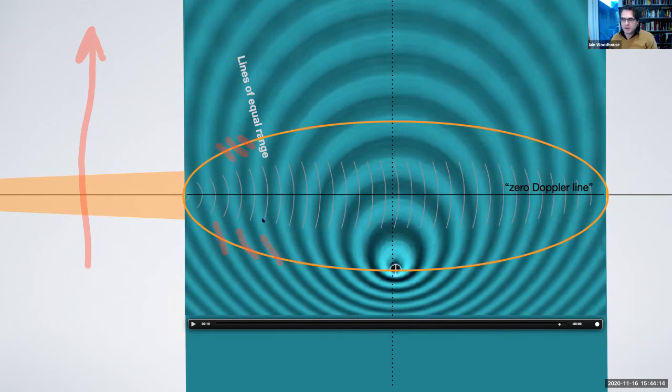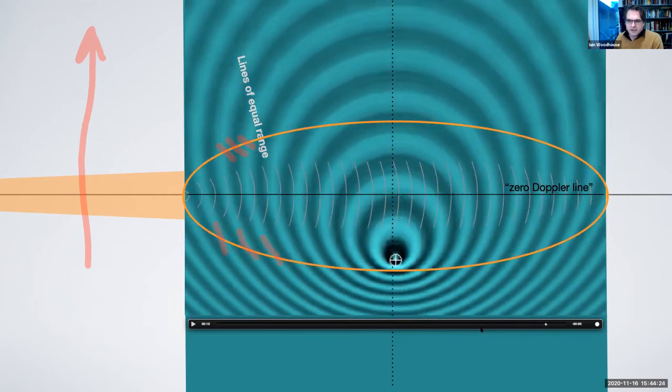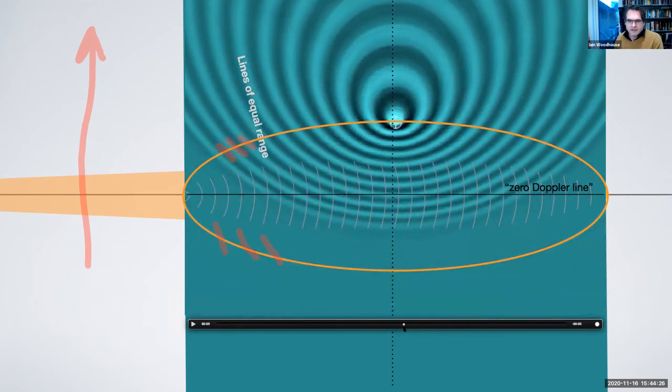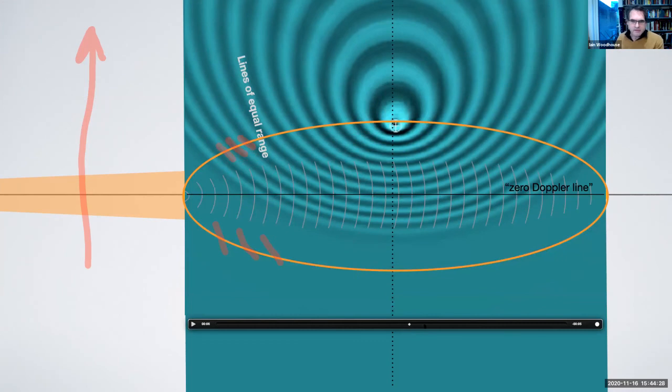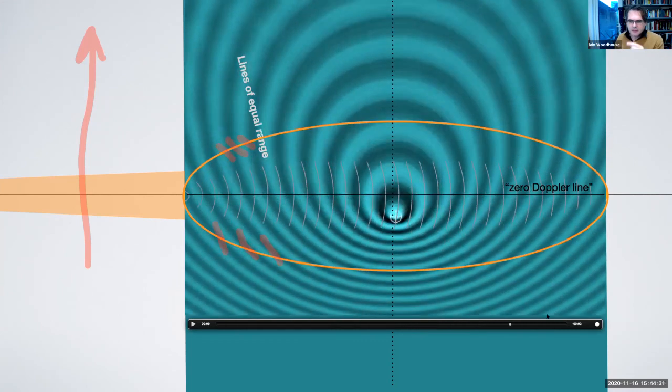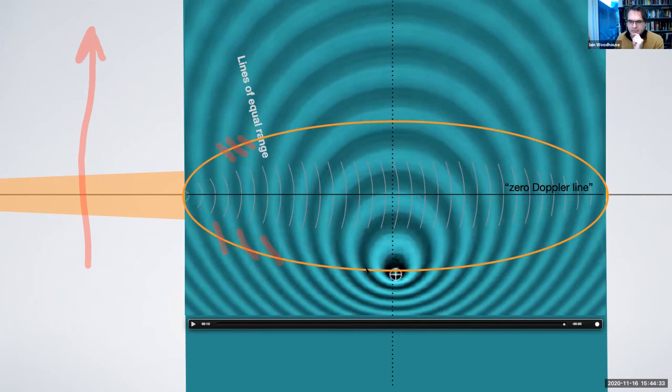Now the waves have been spread out. And remember when we looked at the key concepts, we looked at the idea of the Doppler shift. So this is the Doppler shift in action here: the echoes from this target as it first enters the beam have a higher frequency than when it exits the beam. That's what the echoes look like to our radar system.